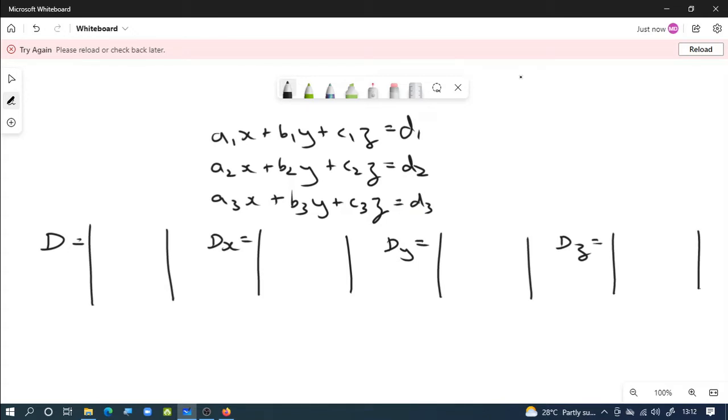For d, we copy the coefficients of x, y, and z, which are on the left-hand side of the equation. For dx, the first step is to copy the same coefficients first.